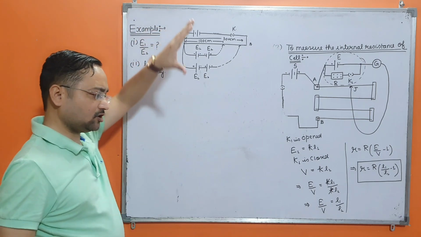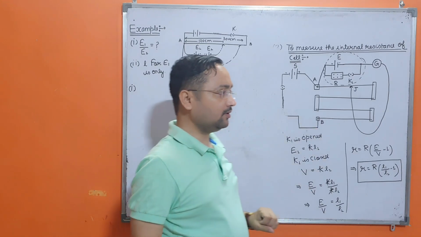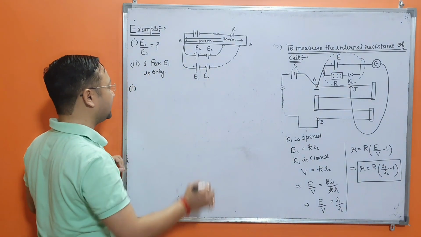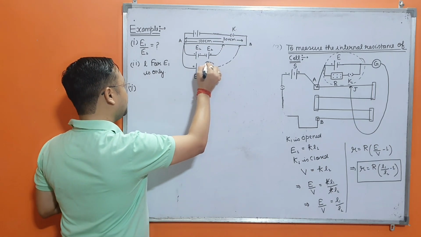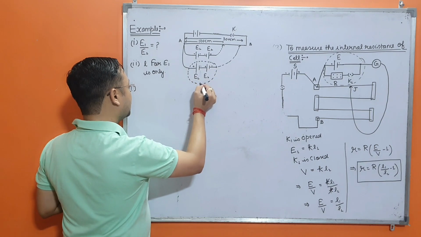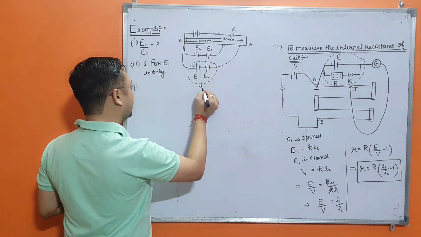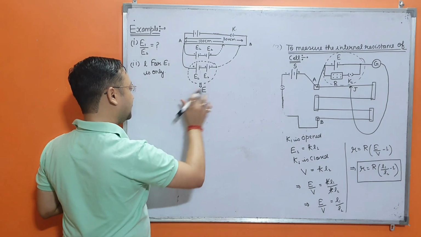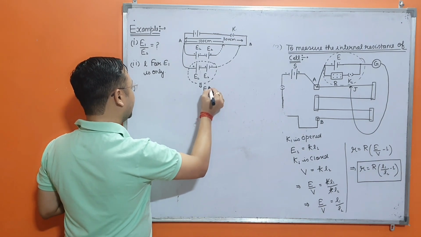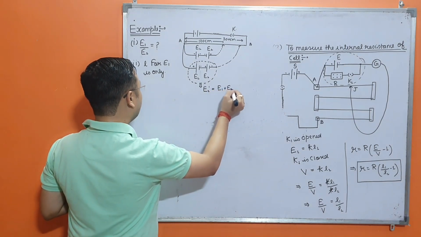In the topic combination of cells, I have already explained to you that when the cells are connected in series, in order, we can reduce these two cells to one cell. How? Negative is connected to positive, therefore E equivalent, let it be E2 dash, will be equal to E1 plus E2, because they are connected in order.